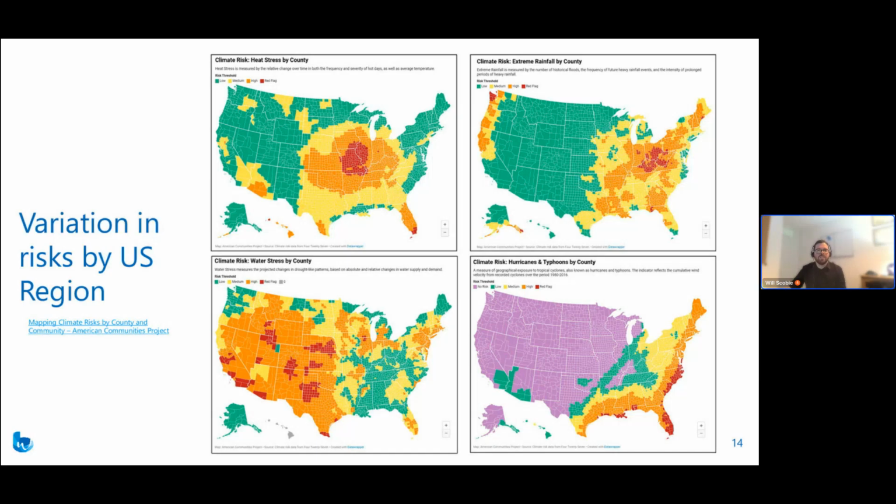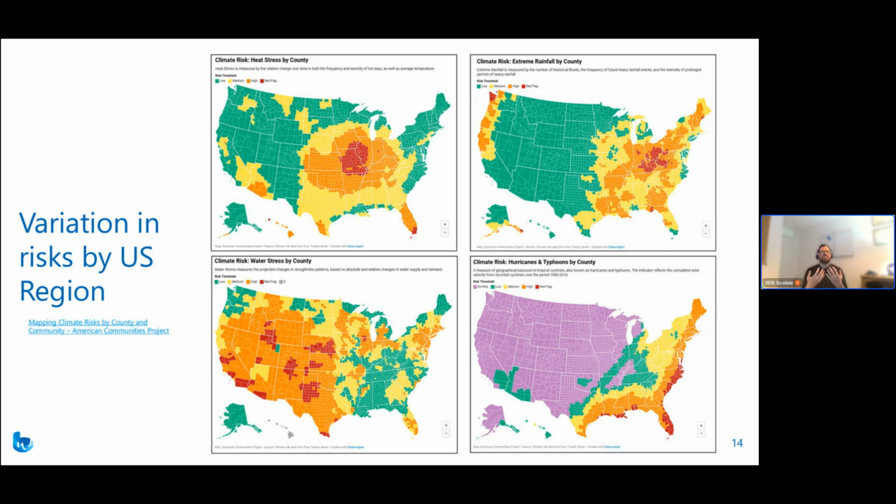So I wanted to put these up because it shows even within a country, these four major risks are impacting almost completely different regions, whether it's heat stress, center of the country, extreme rainfall, the northeast and the northwest of the country, water stress, more the southwest of the country, and hurricanes and typhoon, the southeast of the country.